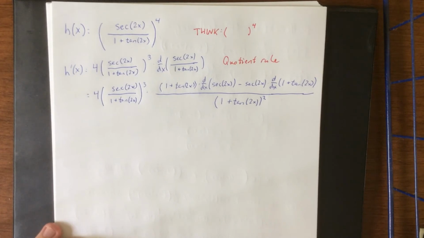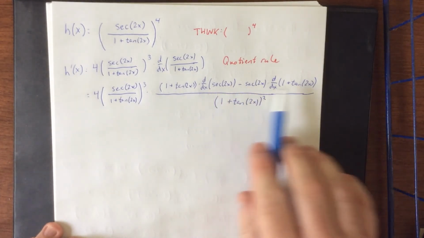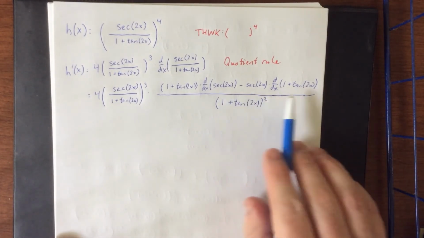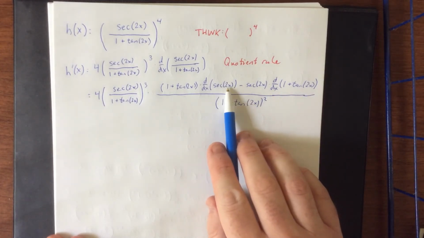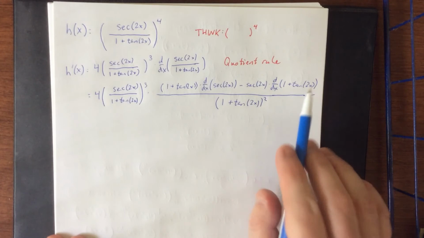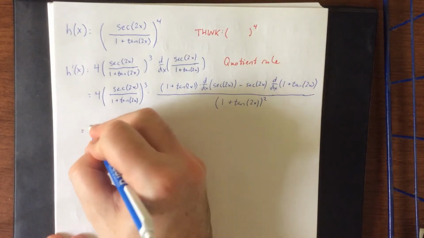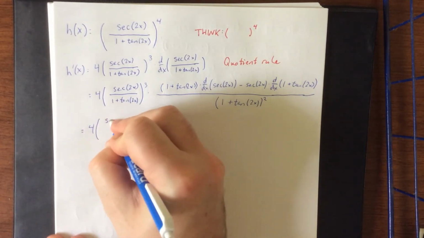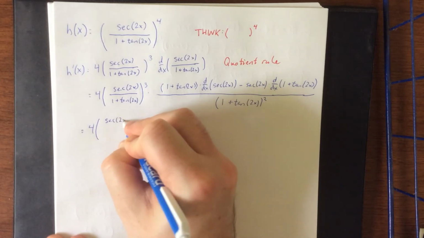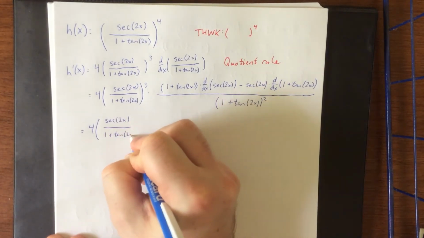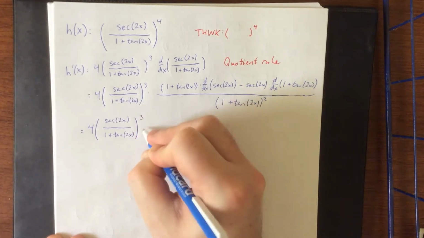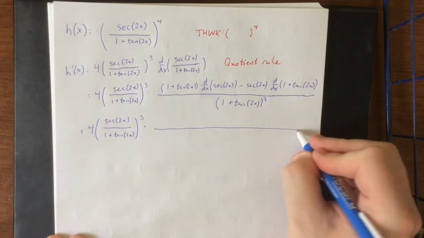Now, both of the terms that we're still to differentiate in the numerator are both going to require the use of the chain rule because it's the secant of something that's not just x and the tangent of something that's not just x. So again, first part's going to remain the same. However, because this derivative and video already seem long enough, we are going to make use of the shortcut from the previous video.